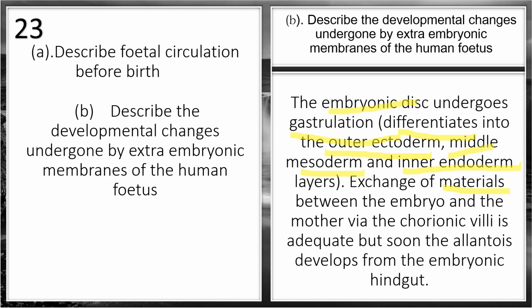Exchange of materials between the embryo and the mother via the chorionic villi is adequate, but soon the allantois develops from the embryonic hindgut.